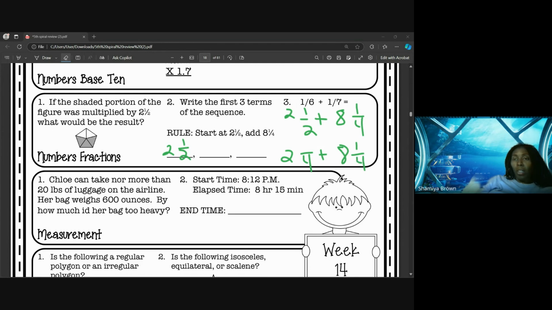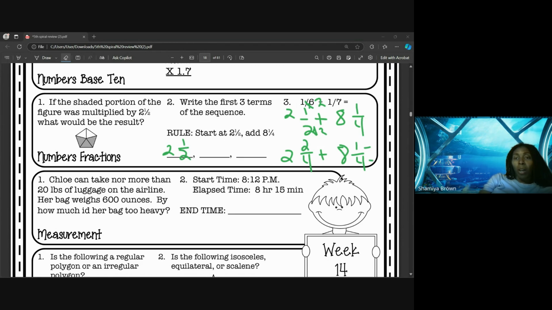I don't have to change this one because it's already out of 4 so I can keep this side the same. So now I need to find my numerator for this side. So I need to say what times 2 gives me 4. And I know that's 2. So I need to multiply the top by 2. And 1 times 2 is 2. So now I have what I need to be able to add.